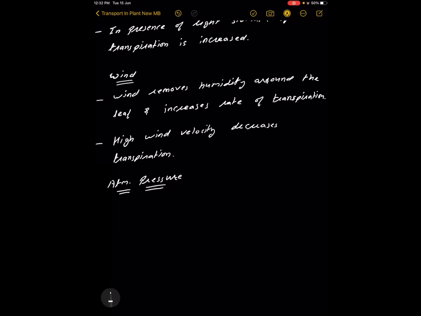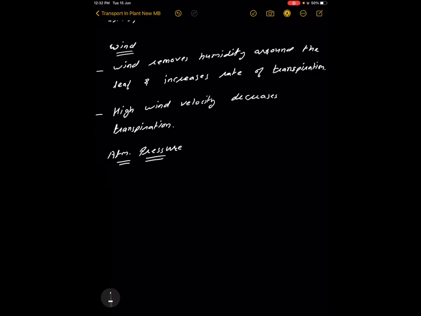Decreased atmospheric pressure increases the rate of transpiration.